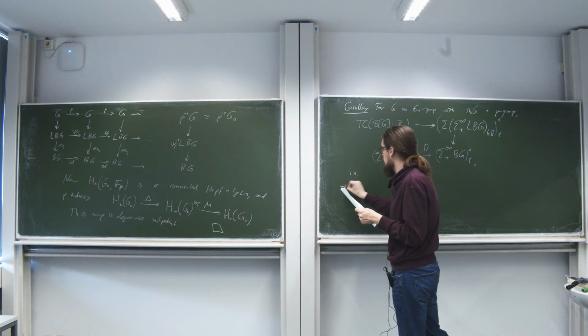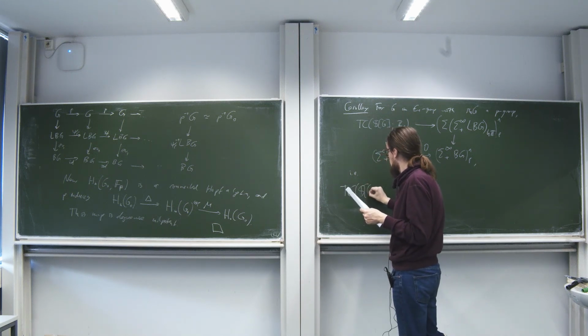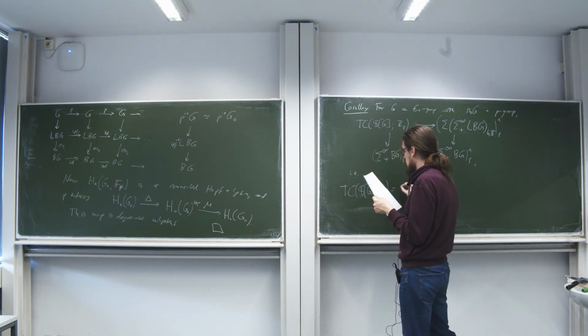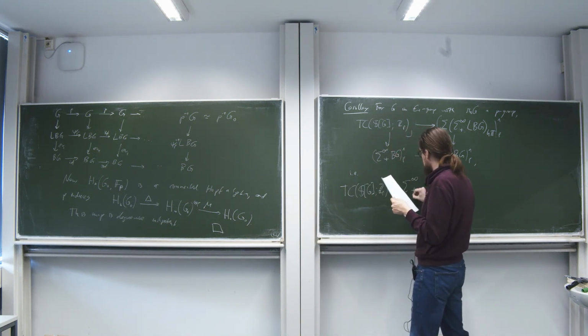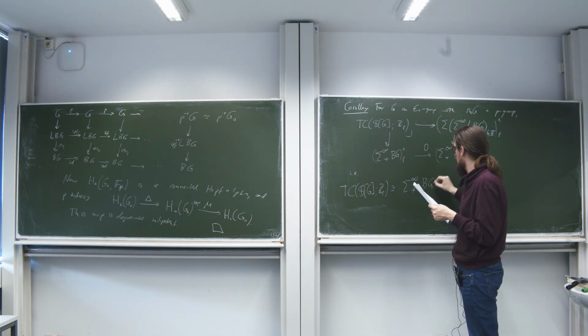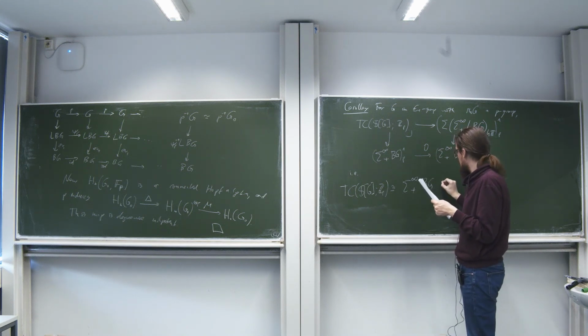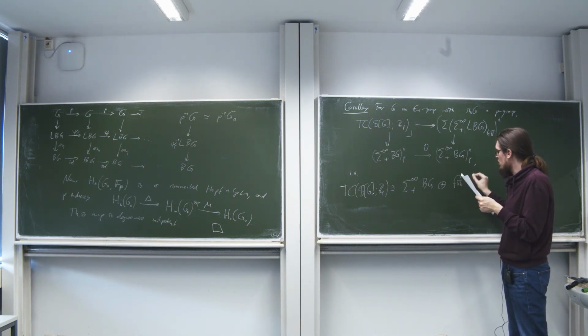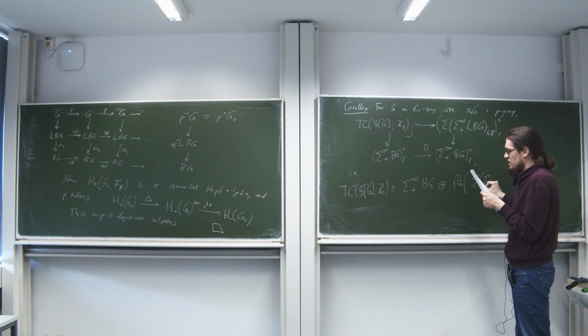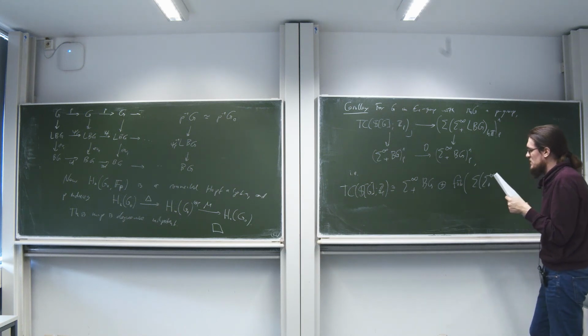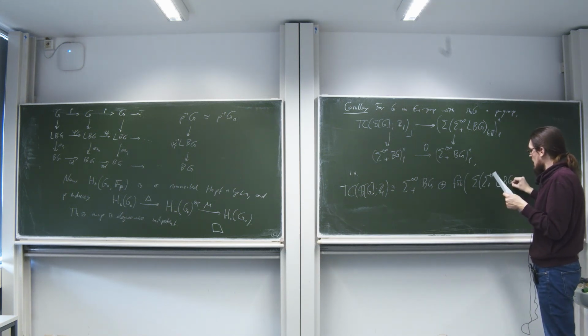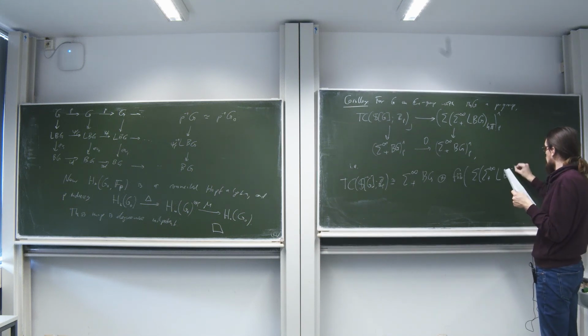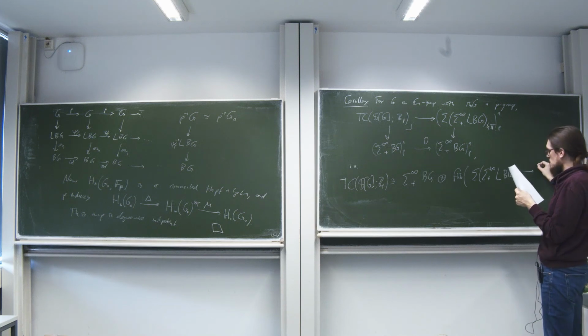And in particular, you get this nice formula. As sigma infinity plus BG plus, and then here you get the fiber of sigma infinity plus LBG, lower hT, and then I'm going to write out this composite.